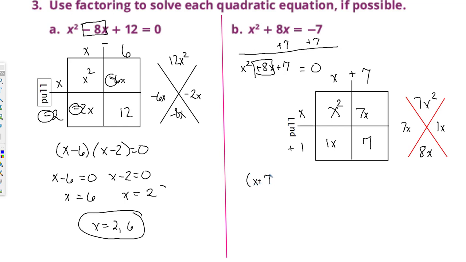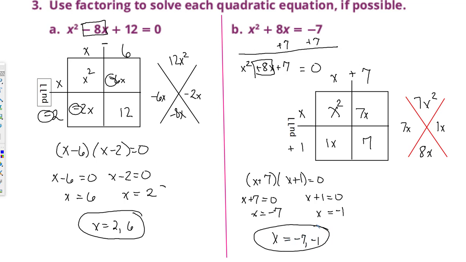So I have x plus 7 times x plus 1 equals 0. Now set each of those factors equal to 0, and so x is equal to -7, or x is equal to -1. -7 will be listed first.